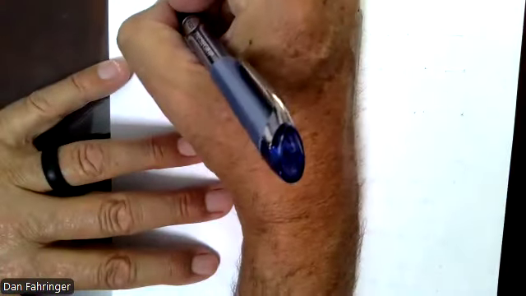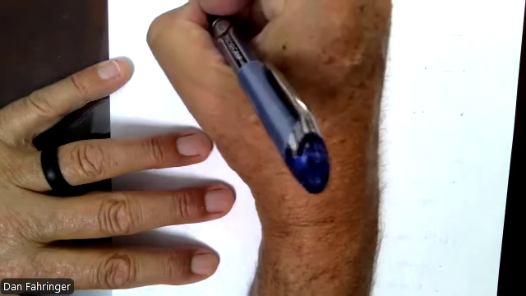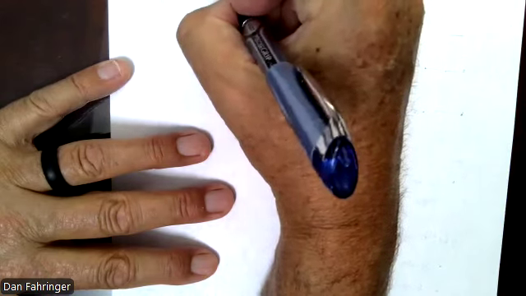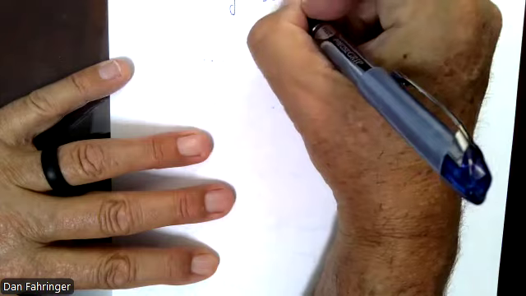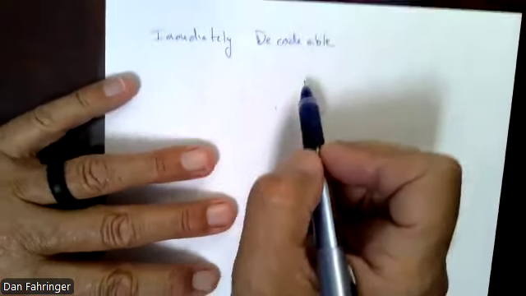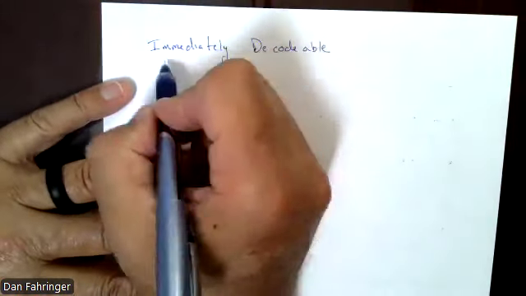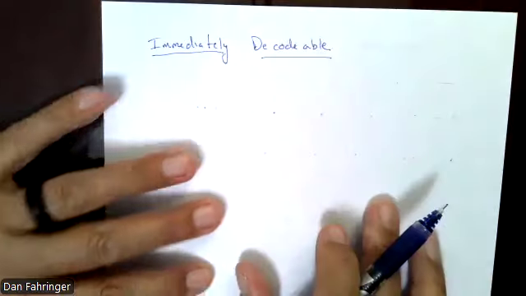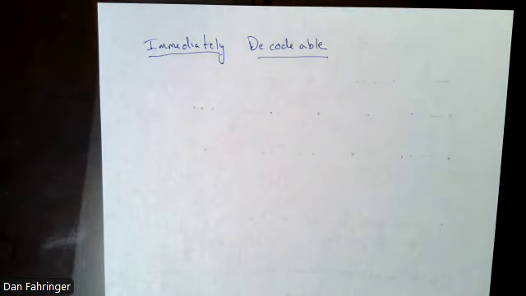So here's how we go. This is how we want to work on something that is immediately decodable. Immediate decodability, because I don't know if that's spelled decodable. Does that look right?